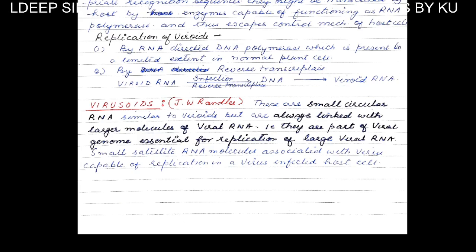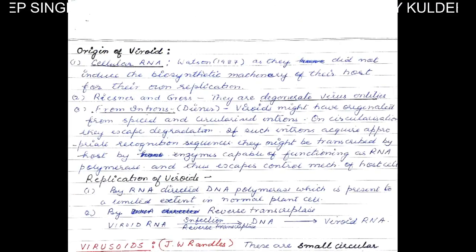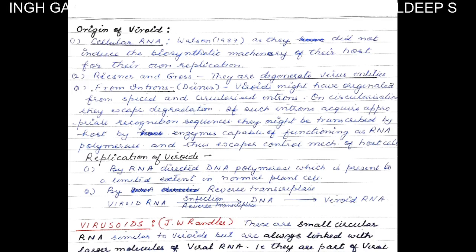Now let us talk about the origin of viroids, that is, how such subviral particles originated. Watson in 1987 said that these viroids are of cellular origin.